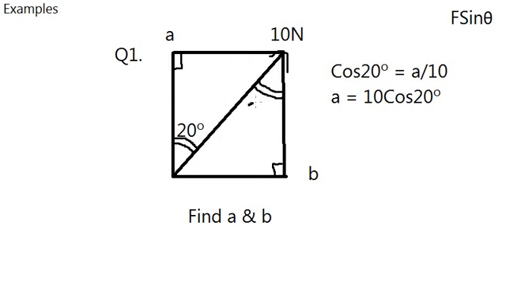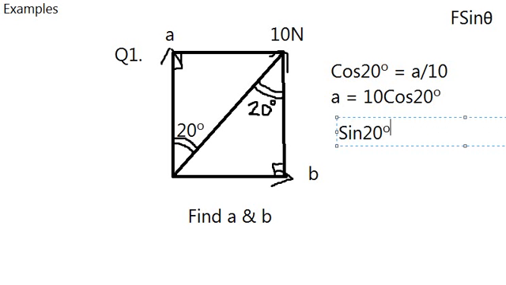So this is 20 degrees, and we can do the same thing to get B. B is this particular arrow, and what we use is opposite and hypotenuse, which will give us sine 20 degrees equal to B over 10.